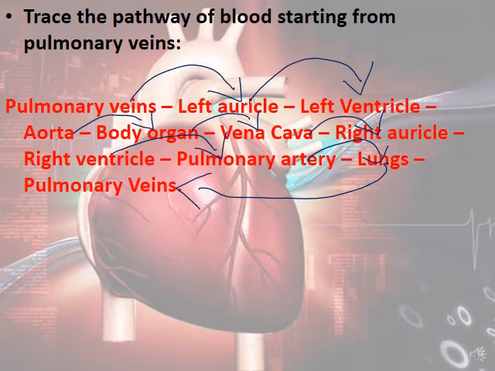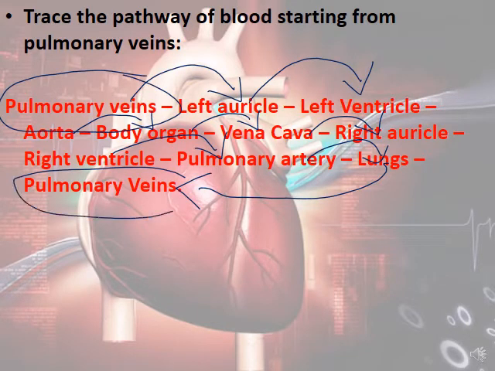Some of you are going to ask me, why did you start from the pulmonary vein? Simply, you can start from the left auricle, but if you start from the left auricle tracing the pathway of the blood, you have to end with the left auricle. Since I started with the pulmonary vein, I have to end with the pulmonary vein. Does the tracing change?